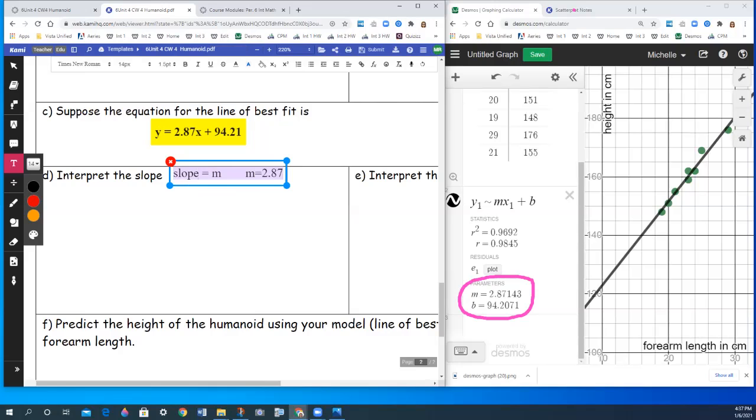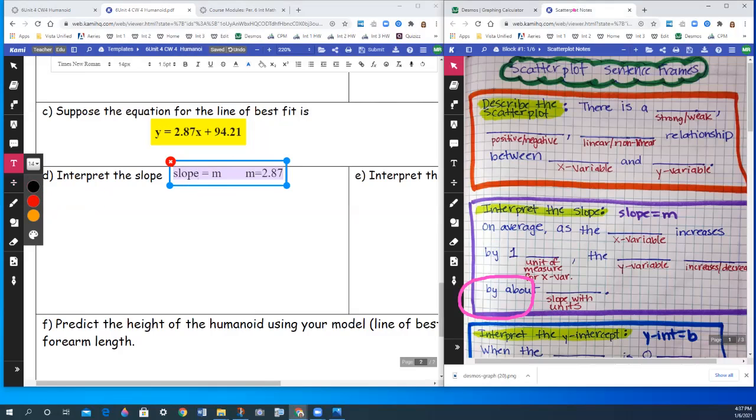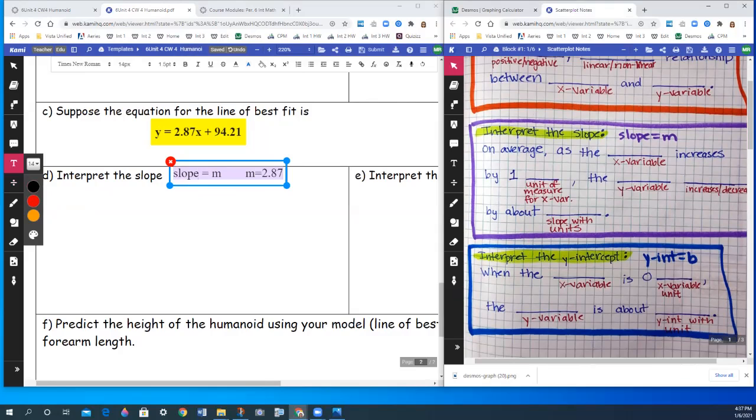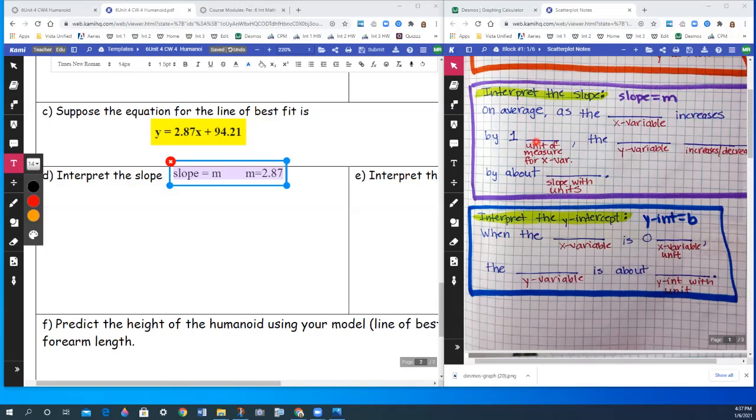So I'm going to be using that in my sentence frame. And so now the sentence frame I'm going to be doing is this, interpret the slope. Okay, that's the one I'm going to be looking at right now. Let me just put it up to the top here.